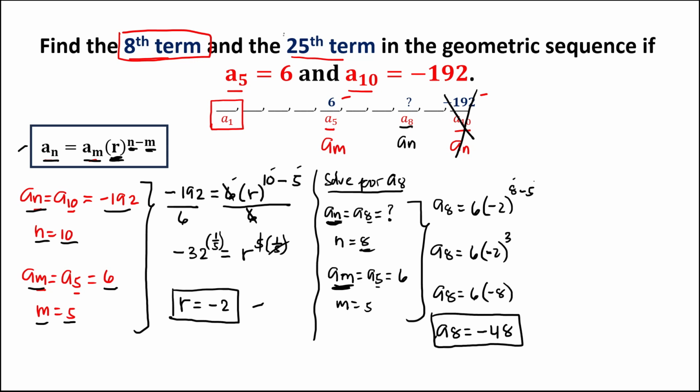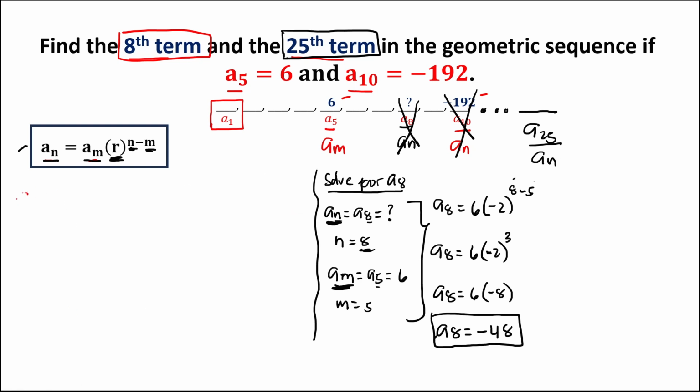Then this time to find the 25th term, this is now the 25th term, a sub 25. So we can ignore now the 8th term. Therefore, a sub n becomes a sub 25.